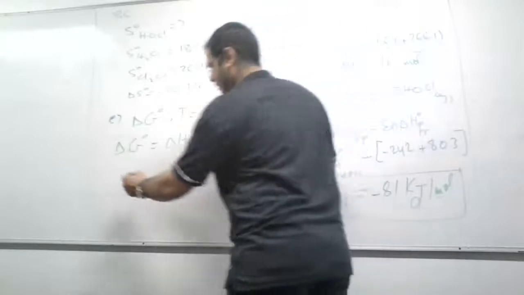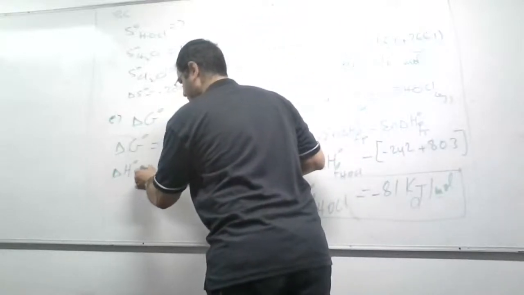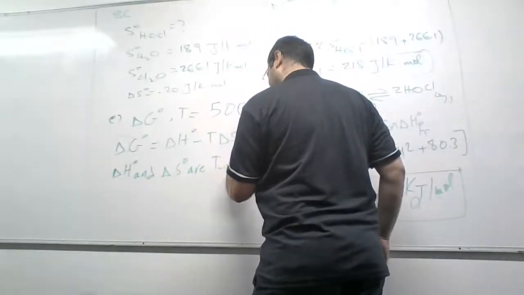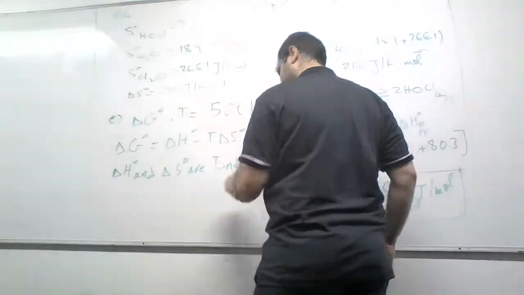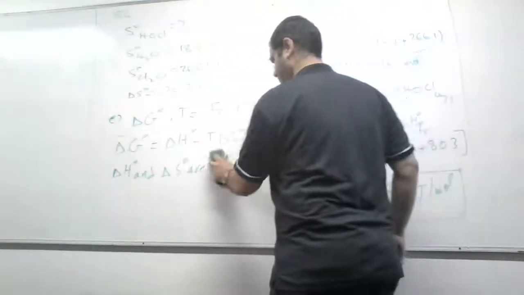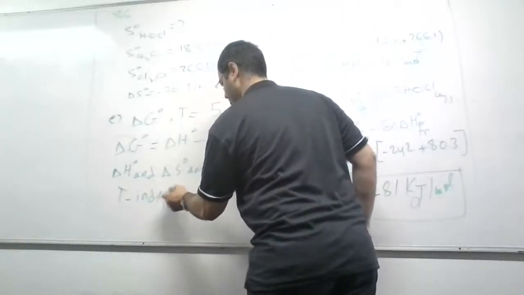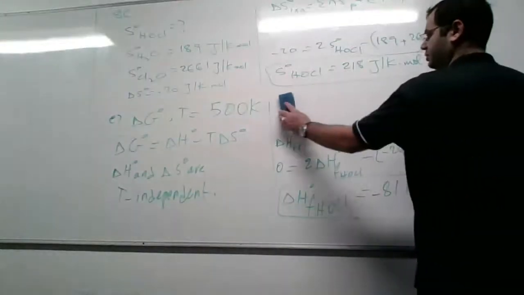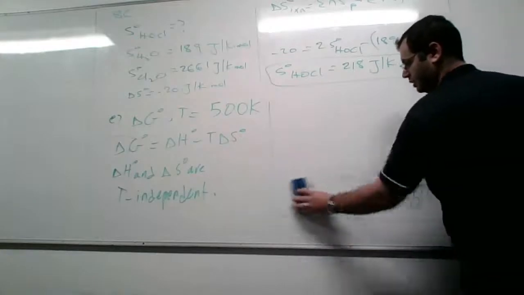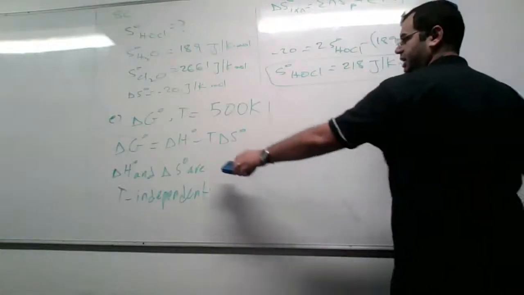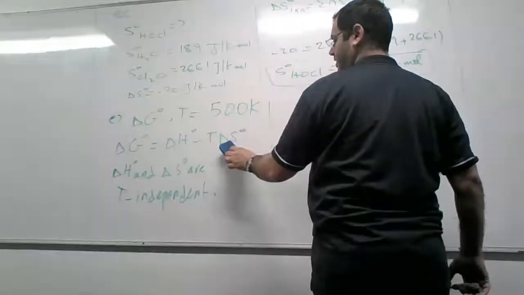Yes, you can, because delta H naught and delta S naught are temperature independent, if you remember. So you apply the rule. Do it, guys. Get everything by its value. Delta H naught, and this one is minus 20 joule per mole.